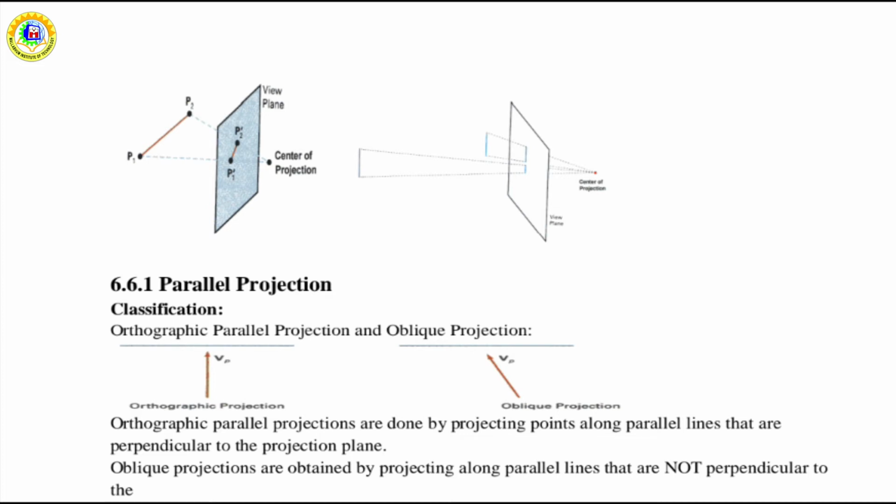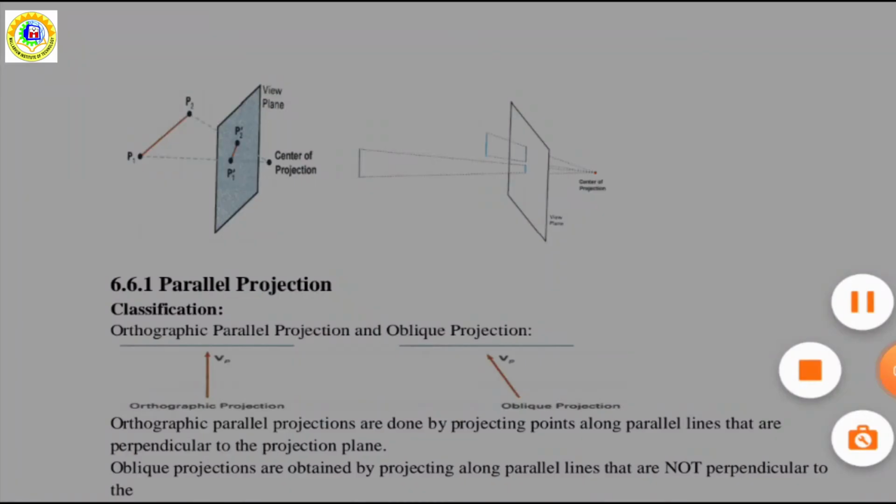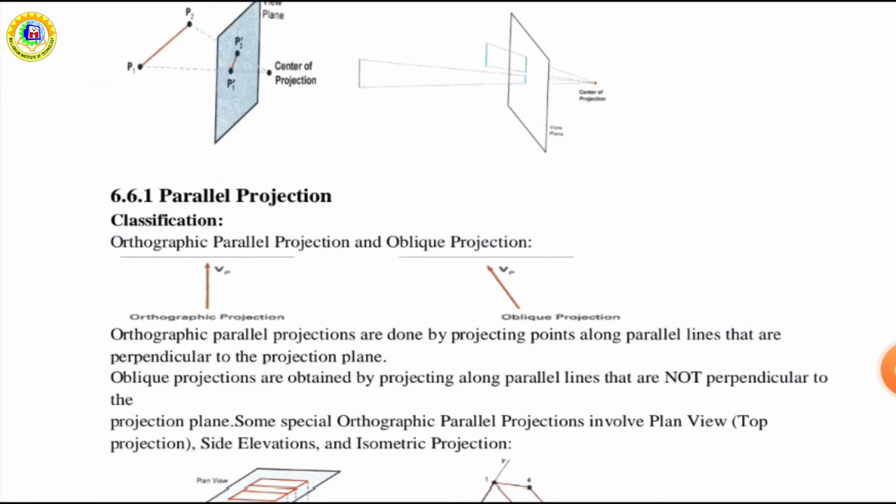Now, if we consider the parallel projection, there are basically two types of parallel projection. One is the orthographic parallel projection and the other one is the oblique parallel projection. When the projection is perpendicular to the viewing plane, we have an orthographic parallel projection.